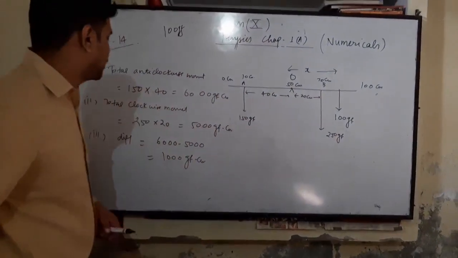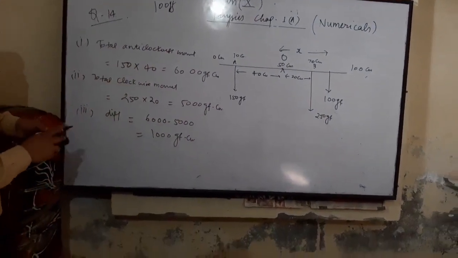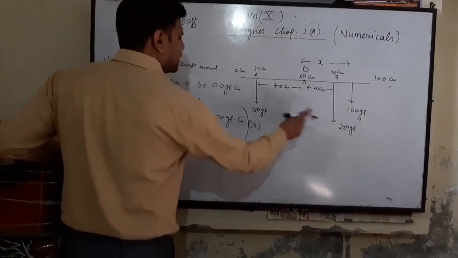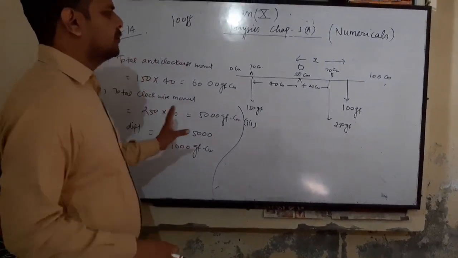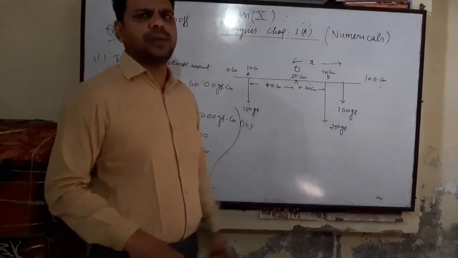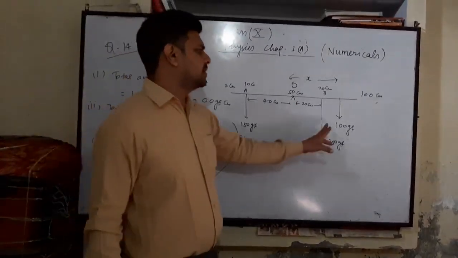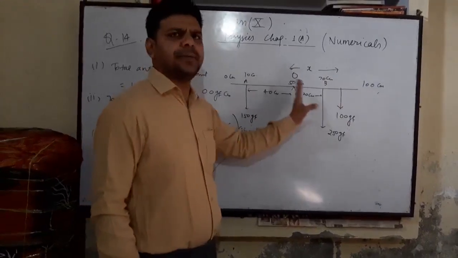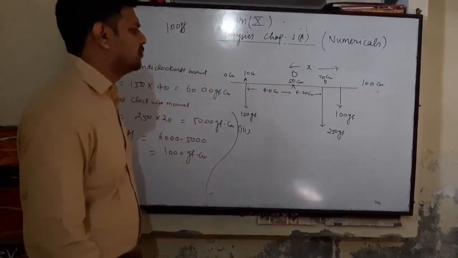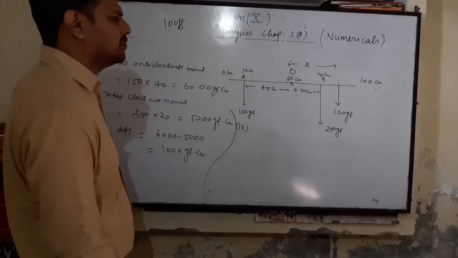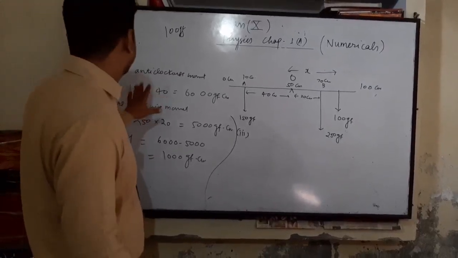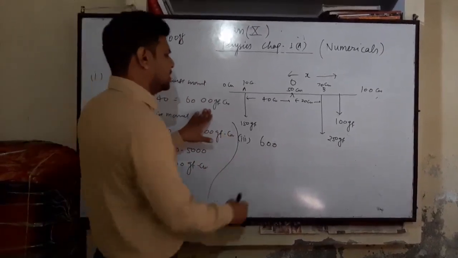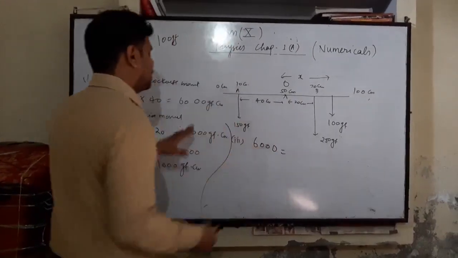So from the principle of moments, in the third part, anti-clockwise moment is equal to clockwise moment. We have suspended this weight at this side so that this rule is now in equilibrium. The total anti-clockwise moment we have already solved, 6000, is equal to total clockwise moment.